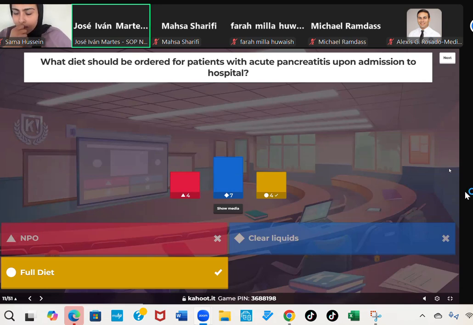That's why I didn't think about the full diet until that hint towards pain subsiding. Okay, that's reasonable. It is hard to add a bunch of nuance into Kahoot questions because we only have so many characters, but that's a reasonable thought process. The key part of this question is they need to eat as soon as possible. We should not restrict them from eating.